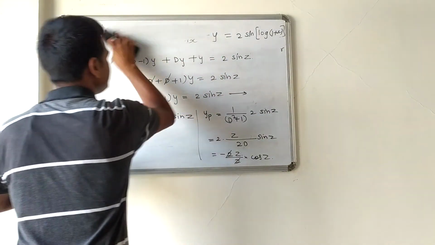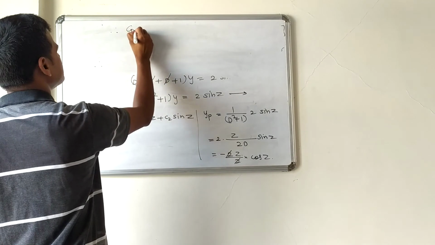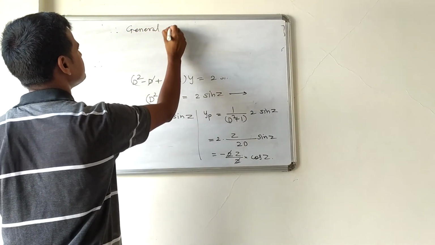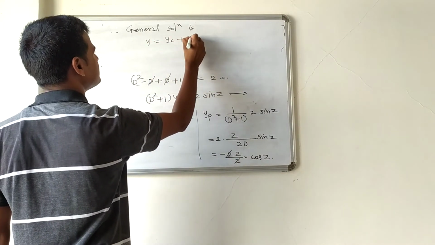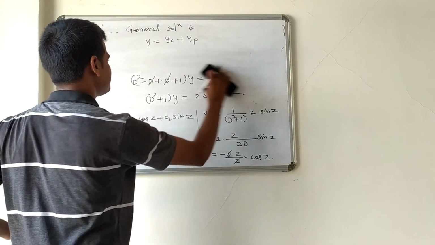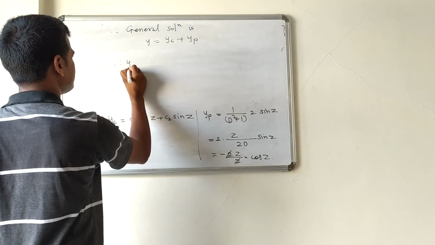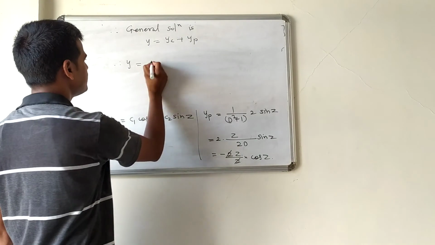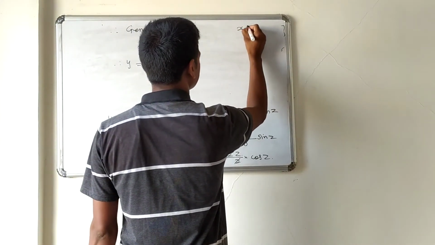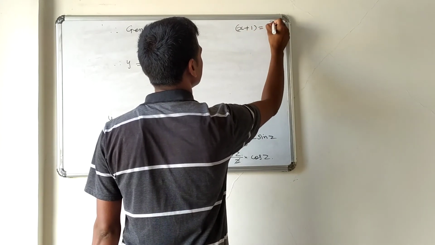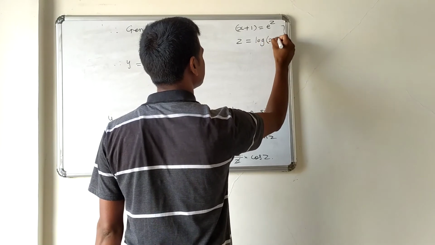Now finally I write the complete solution, or general solution. Therefore the general solution is y is equal to yc plus yp, that is complementary function plus particular integral. So y is equal to c1 cos. Now what is z? We mentioned at the beginning x plus 1 is equal to e to the power z. Therefore z is equal to log of x plus 1.